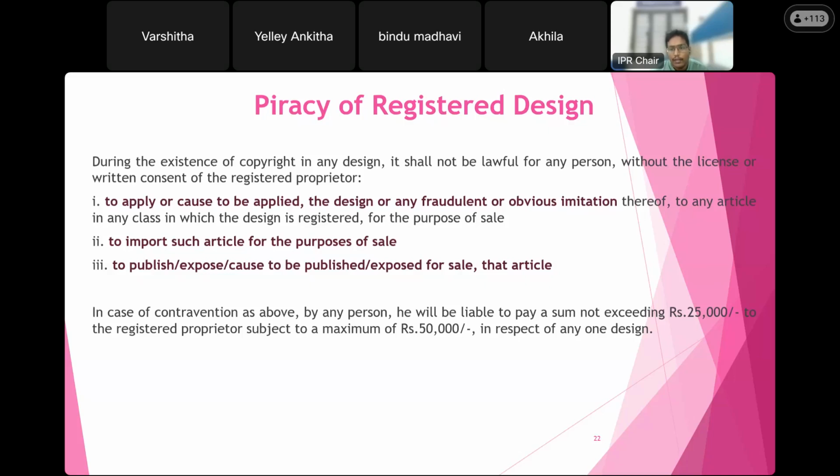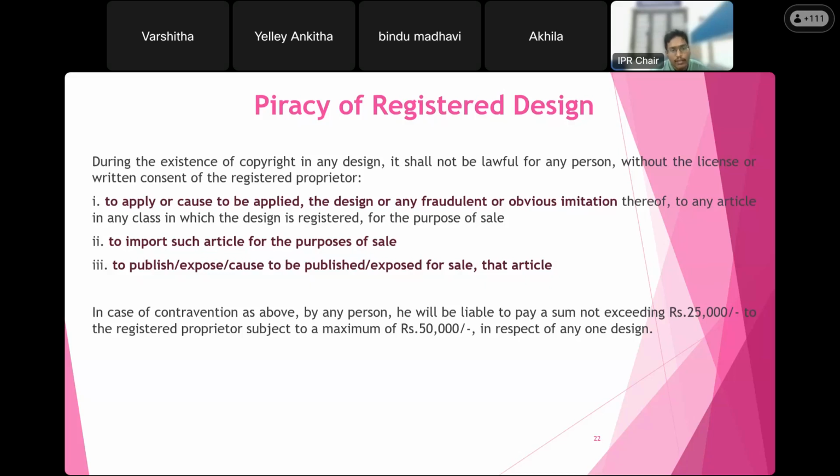But there is no penal action for patent and design, nothing like sending you to jail. Coming to copyright and trademark, yes, criminal punishment is there. But coming to design, no, it's not there. So this is very important, remember it.